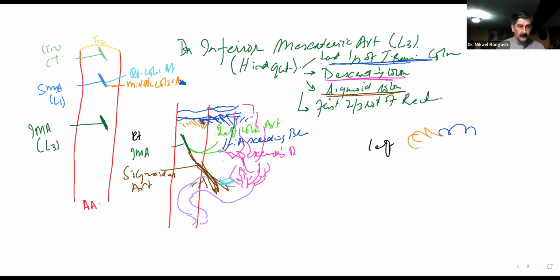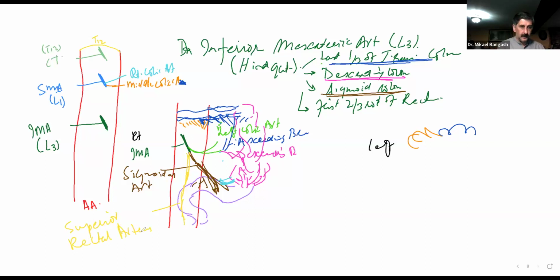Now, last but not least, we can say it's the last branch of our inferior mesenteric artery, which will be what we call the superior rectal artery.